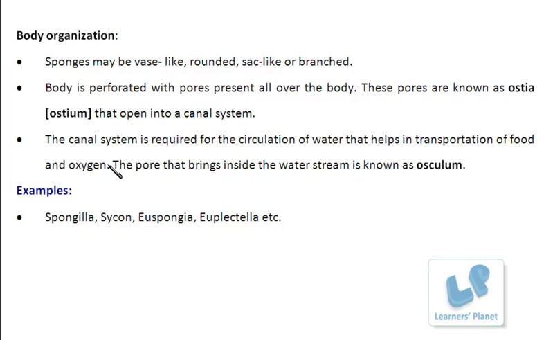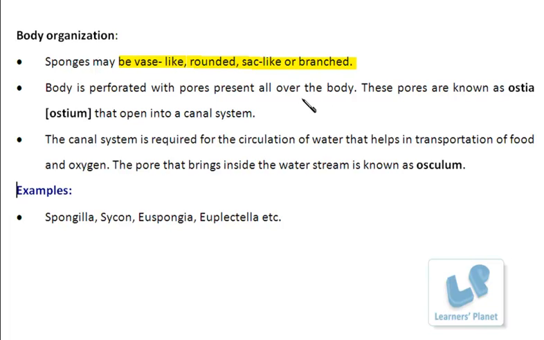For that, I must say that these sponges look like a vase structure. They may be rounded, or they may have a sac-like or branched body. What can you imagine?